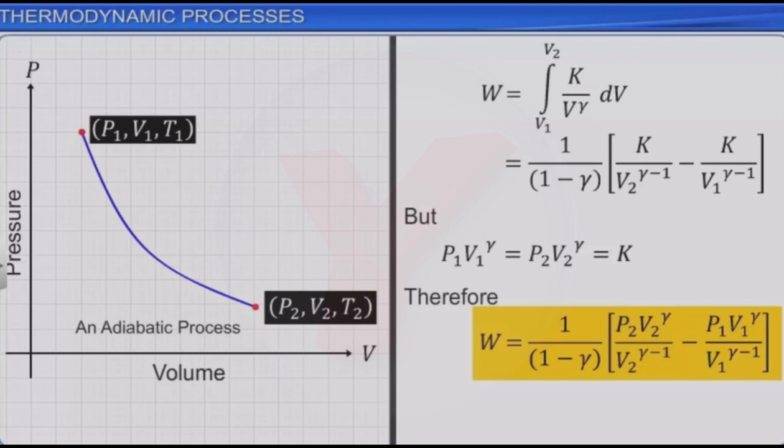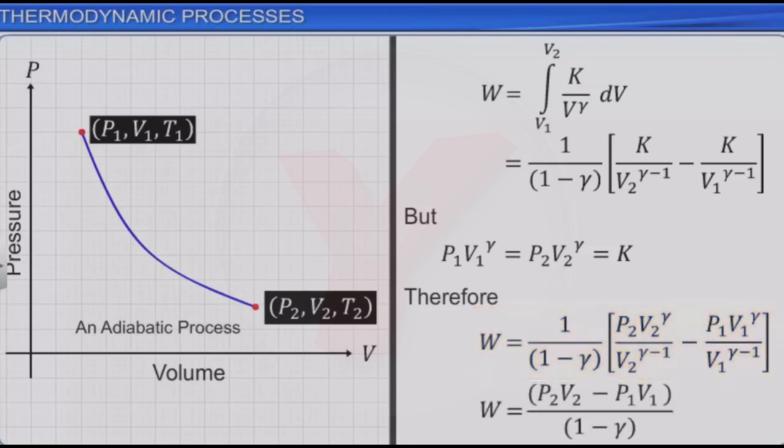Let this be equation 3. This is the expression for the work done by an ideal gas in an adiabatic process.